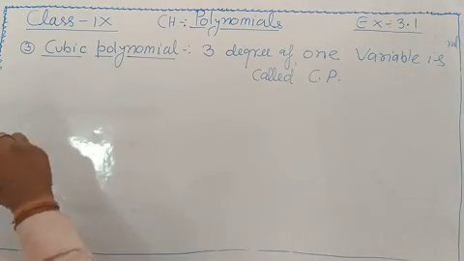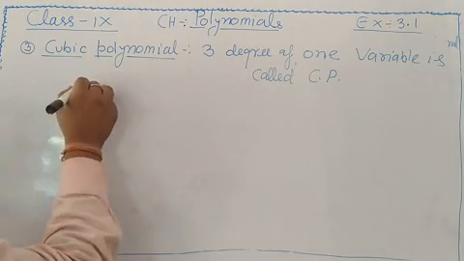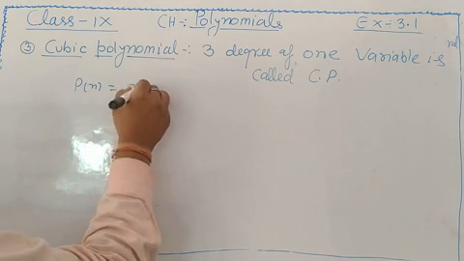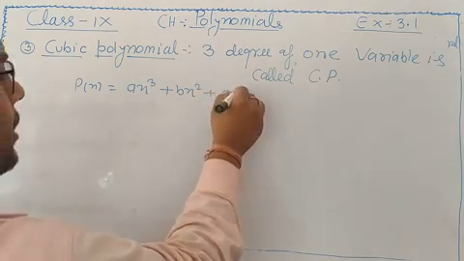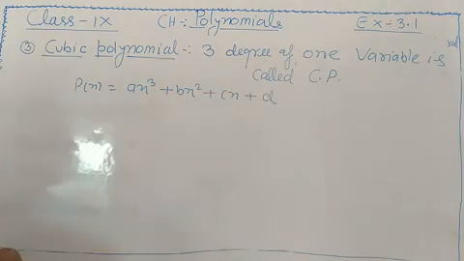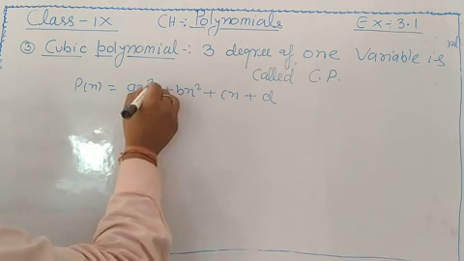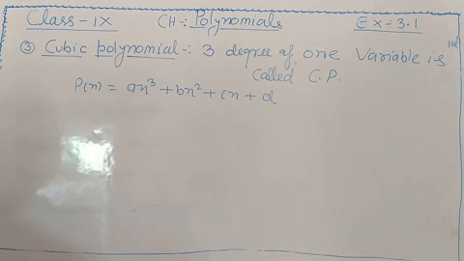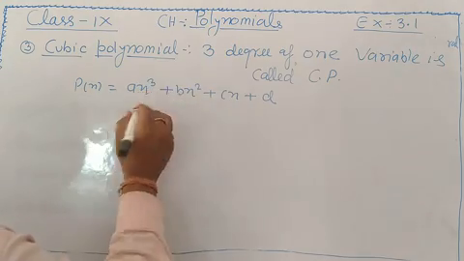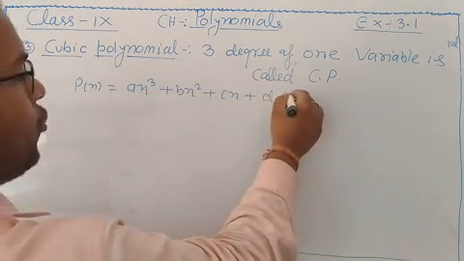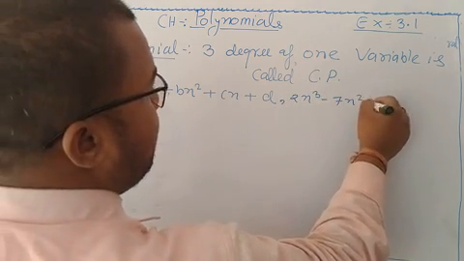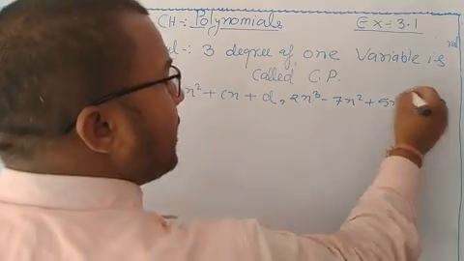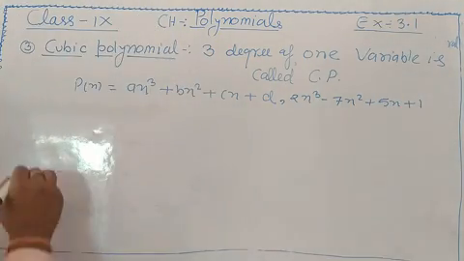It is denoted by p(x) = ax³ + bx² + cx + d. X is the variable and the power of the variable is 3. So three degree and one variable defines the cubic polynomial. 2x³ − 7x² + 5x + 1 is called a cubic polynomial.